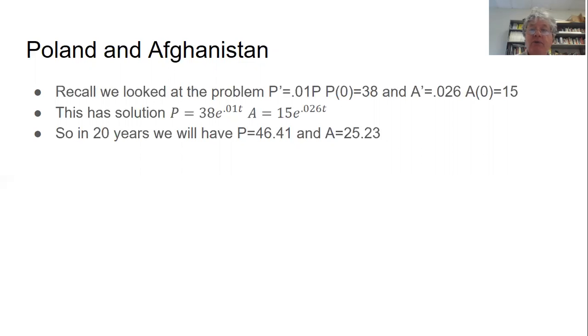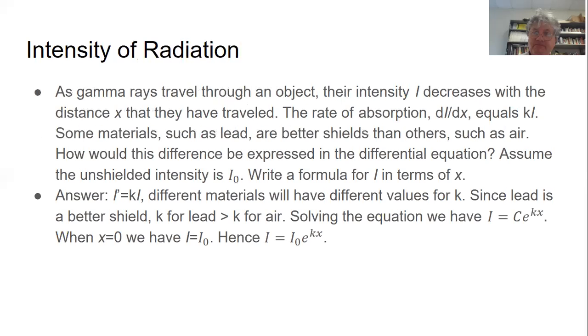So that's 46,410,000. And for Afghanistan, it's 15 times e to the 0.52. And that turns out to be 25.23 million, or 25,230,000. Okay, so that's the nice thing about formulas, is just plug and you get your answer.